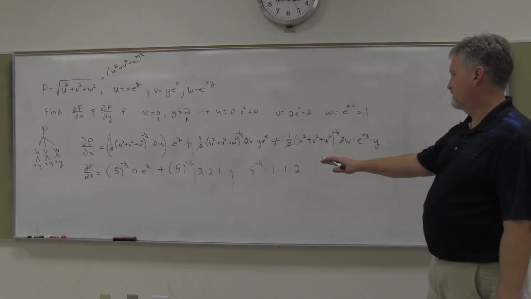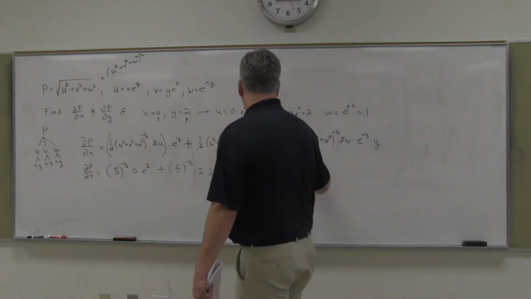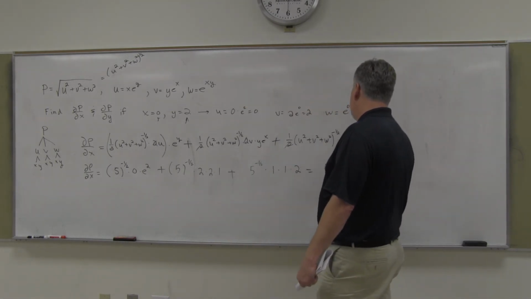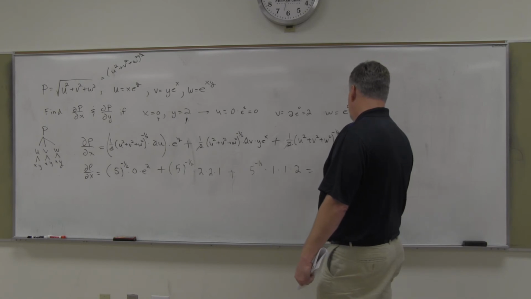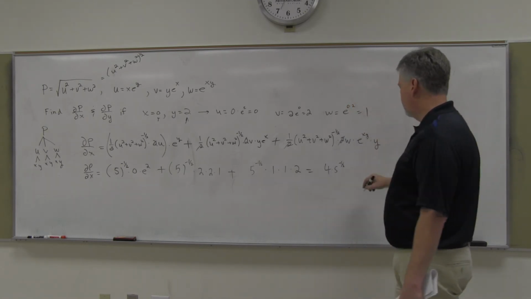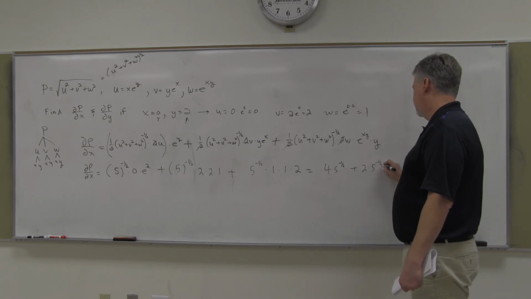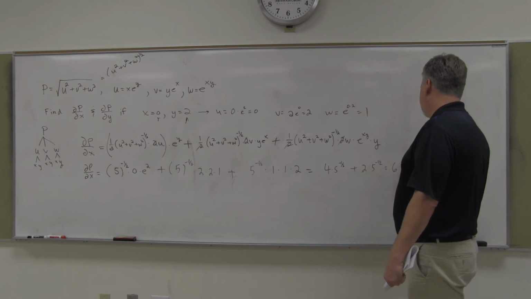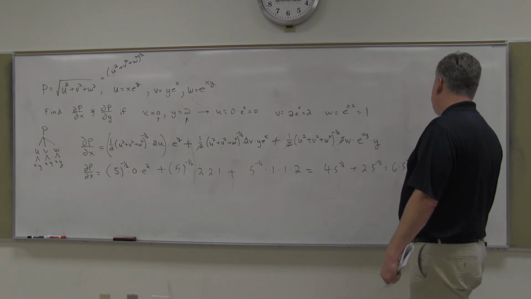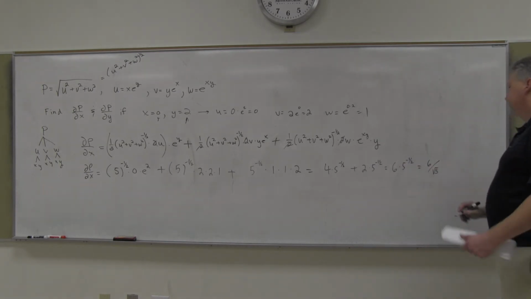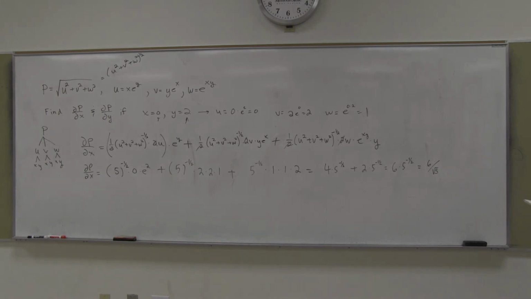So 4 over the square root of 5 plus 2 times 5 to the -1/2. That's what I get. So it's 6 times 5 to the -1/2, or 6 over the square root of 5. Not too bad there. That's the partial of p with respect to x. Not too hard, just a little long.